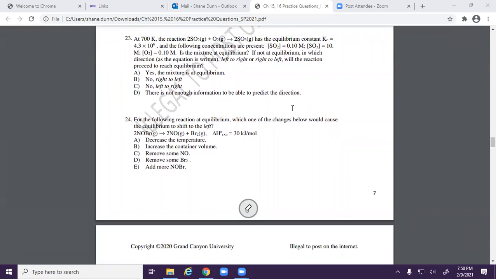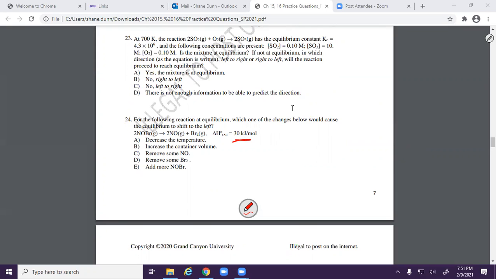24. Which one of the changes below would cause the equilibrium to shift to the left? Okay, look at our values. They're all gases, means they all count. That guy right there, that's a positive number, means he's endothermic.